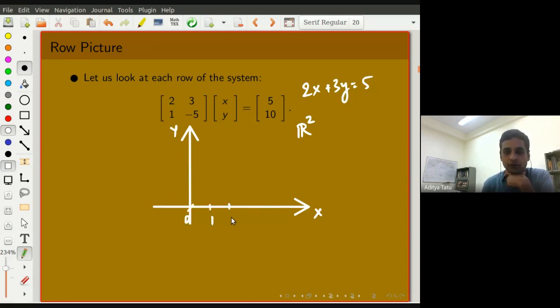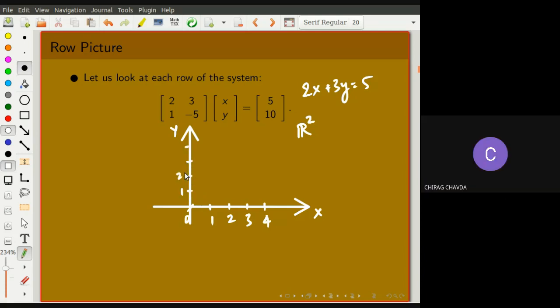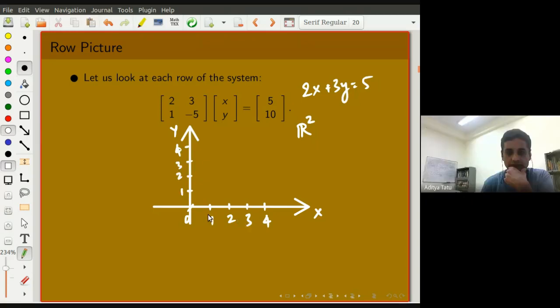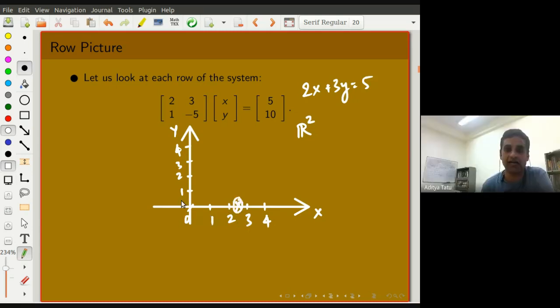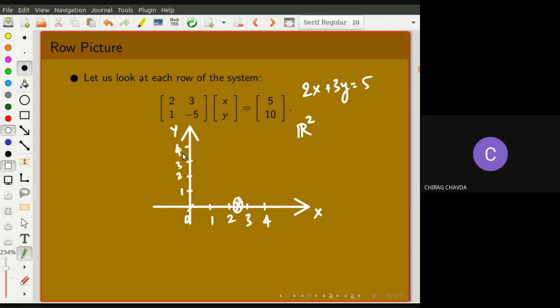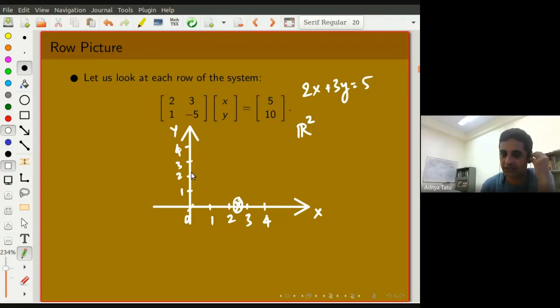So give me 2 points through which the line passes. 5 by 2, 0 and 0, 5 by 3. 5 by 3 will be a little difficult, so 1 comma 1.